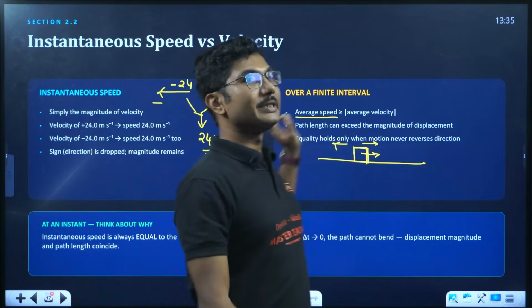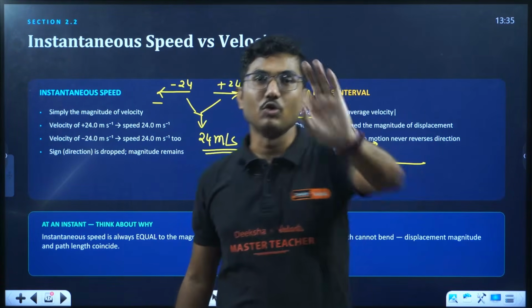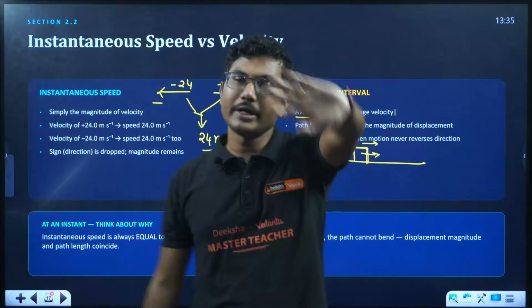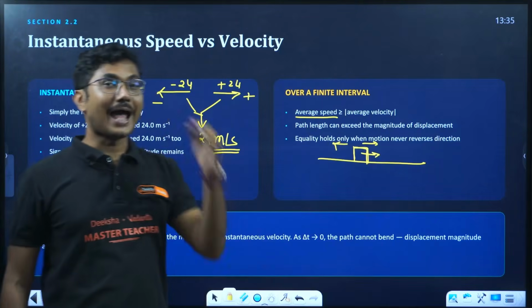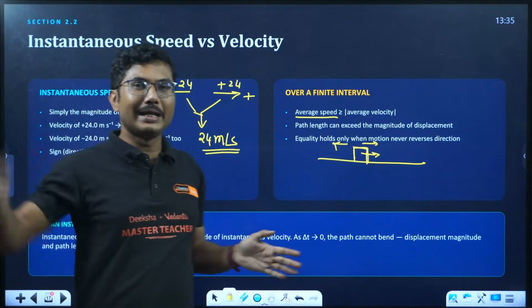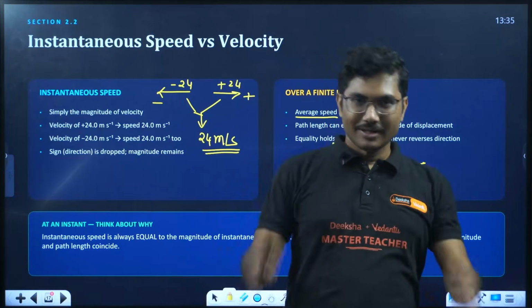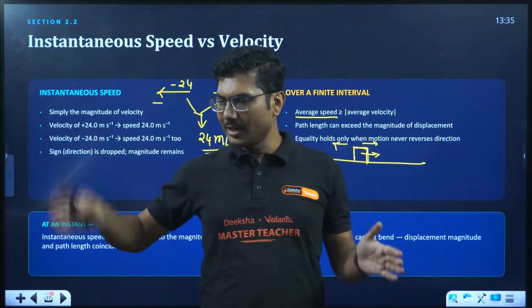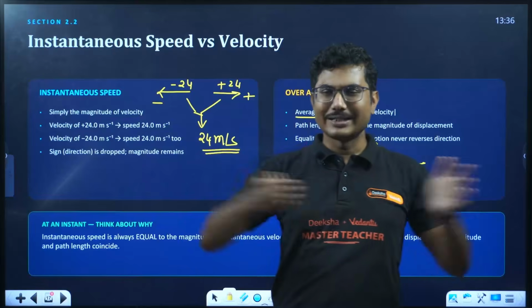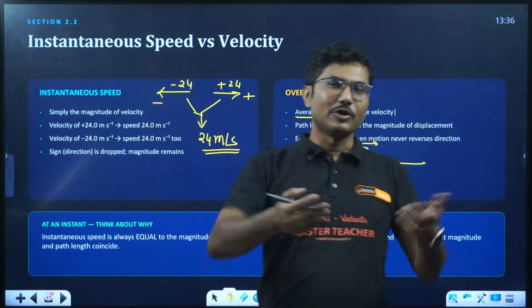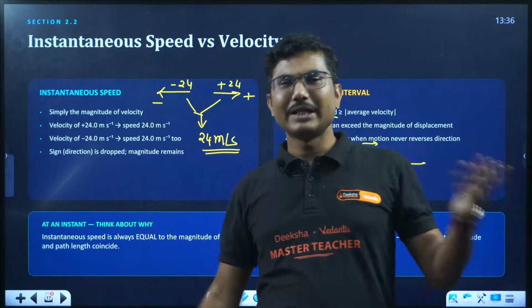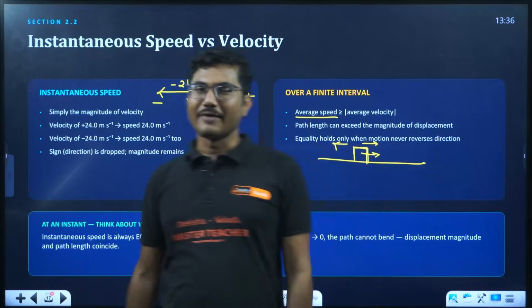So average speed is basically total distance traveled. It can go forward, come back, again go forward. So everything is included. But for average velocity, it's starting point, ending point, that's it. Average velocity is easier to understand because it's a vector quantity. Starting point, ending point, the distance between these two points, we call it displacement, divided by the time taken, you get the average velocity.